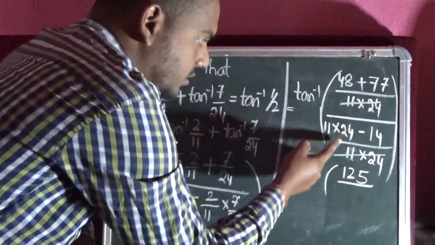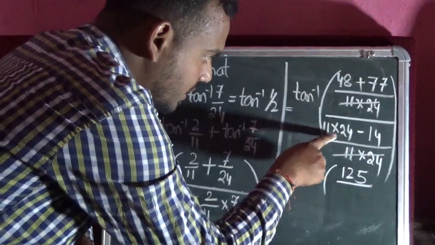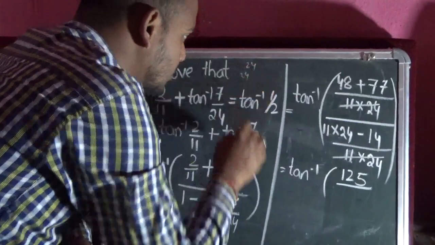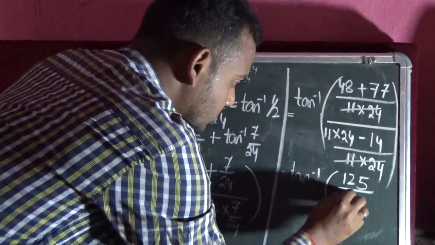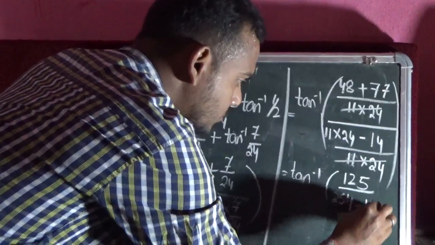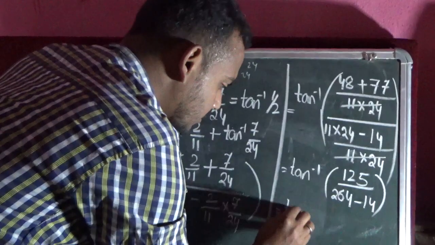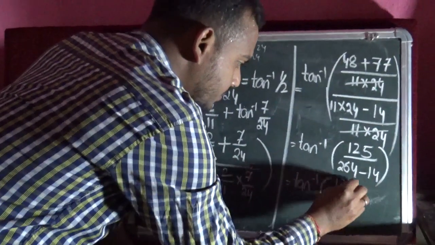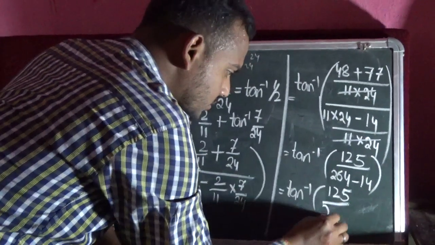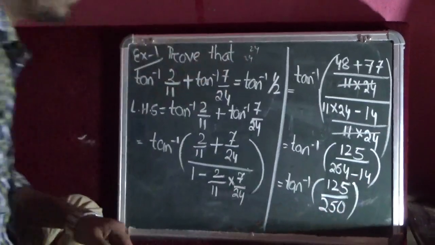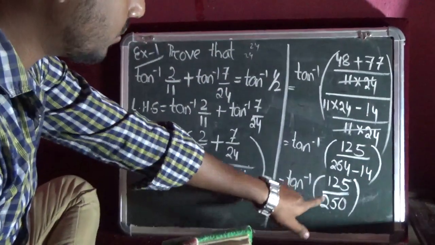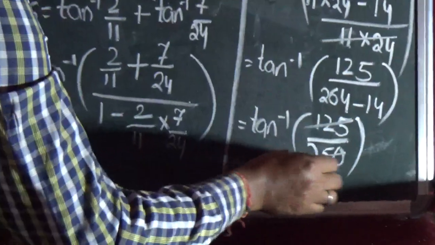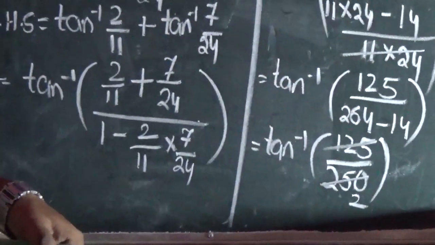So we get tan inverse of 125 divided by 250, which is 125 by 250. So 125 and 250 cancel out to get 1 by 2.